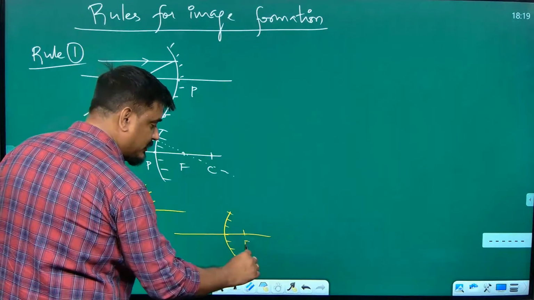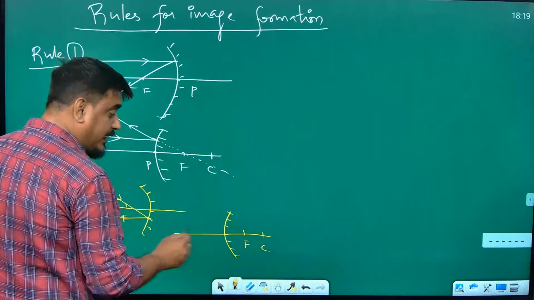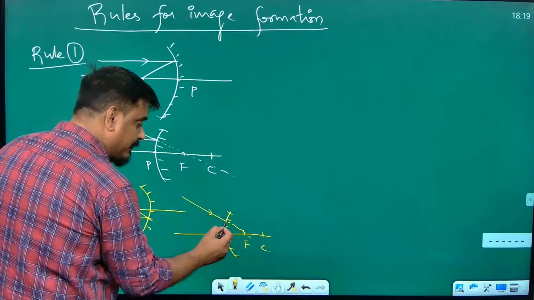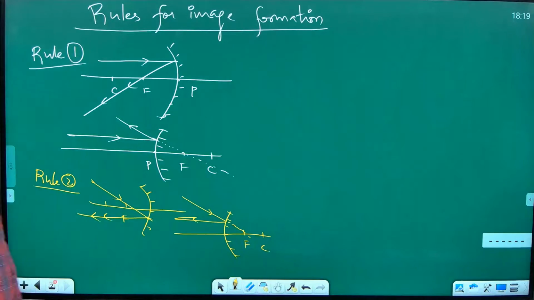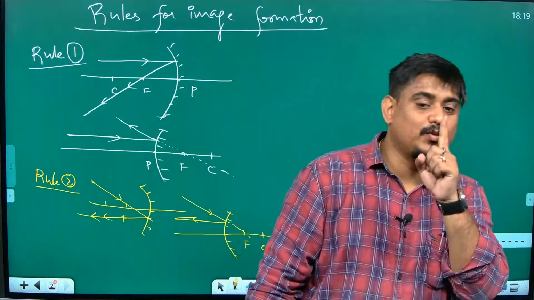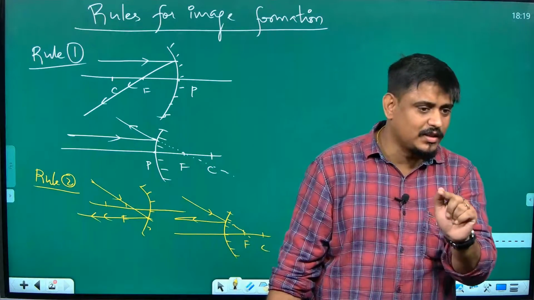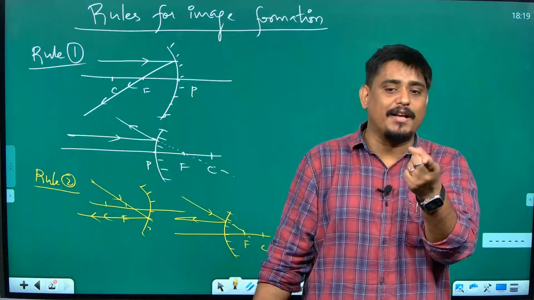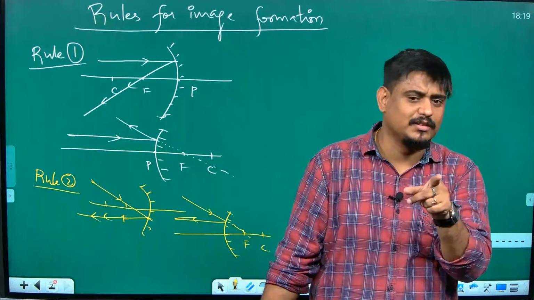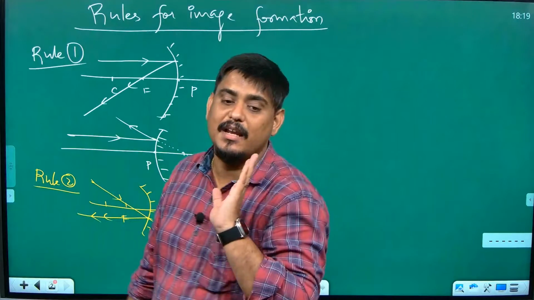This is the focus, this is the center of curvature. Any ray which was seeming to pass through the focus will become parallel to the principal axis. Got my point? So any ray which was passing through the focus, or seeming to pass through the focus in the case of a convex mirror, after reflection will become parallel to the principal axis.